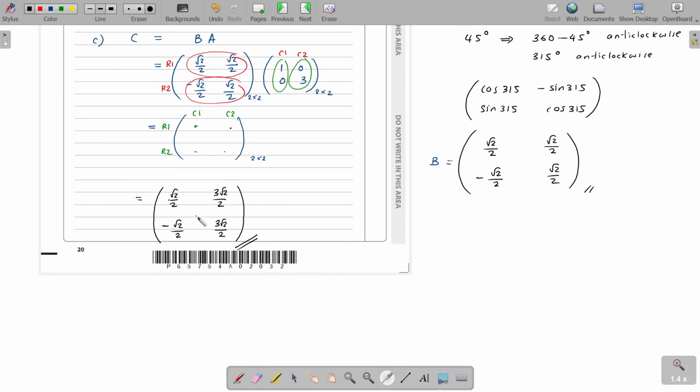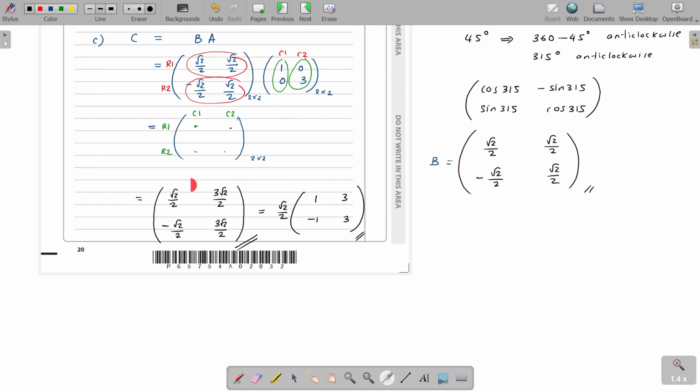You could take root 2 over 2 out and write 1, minus 1, 3, 3. Can you see? A simpler matrix. So you can leave your answer in this form; this is perfectly fine. Any equivalent answer is correct.